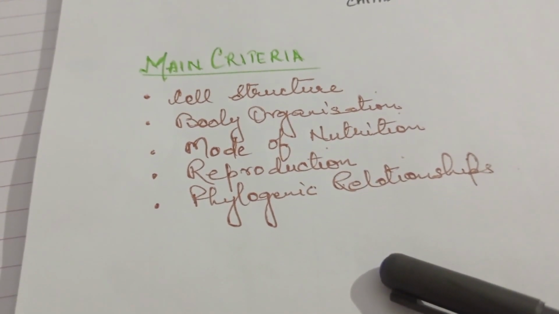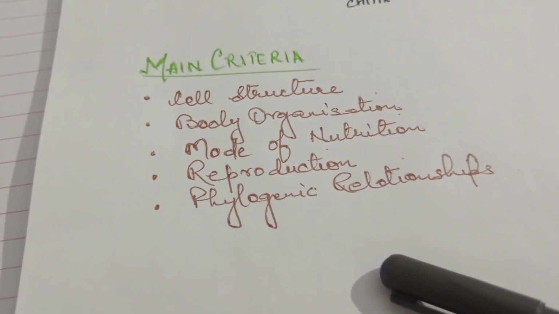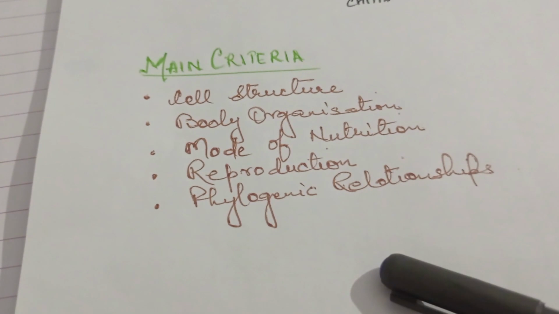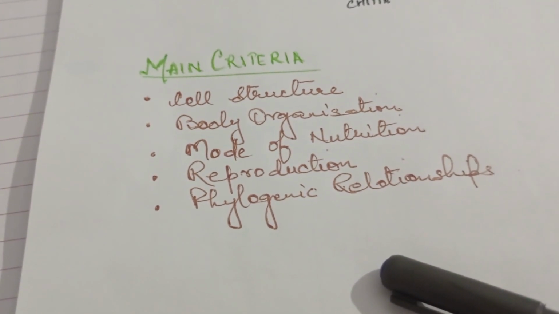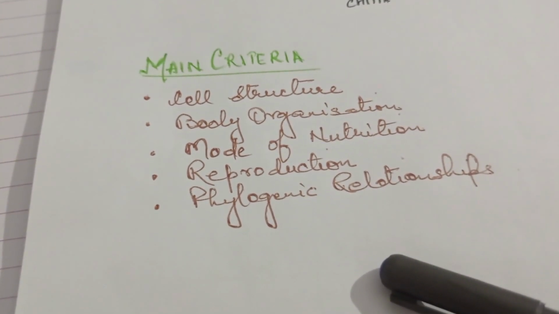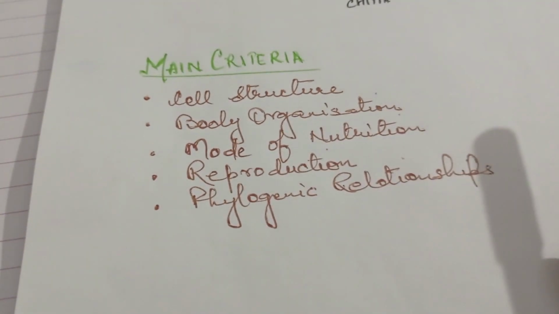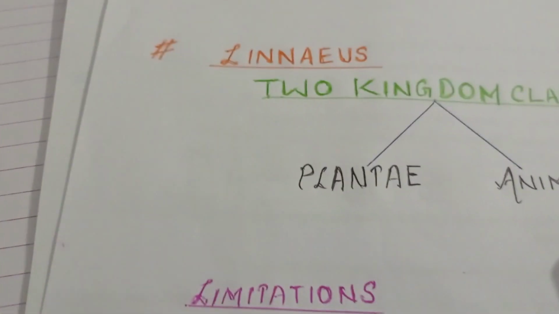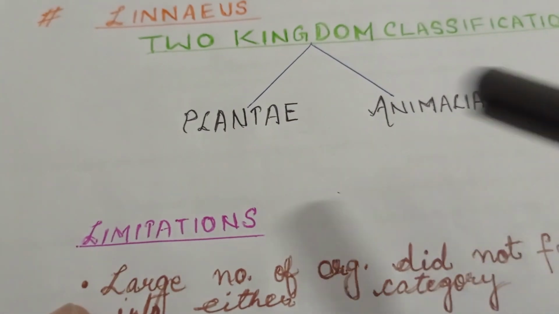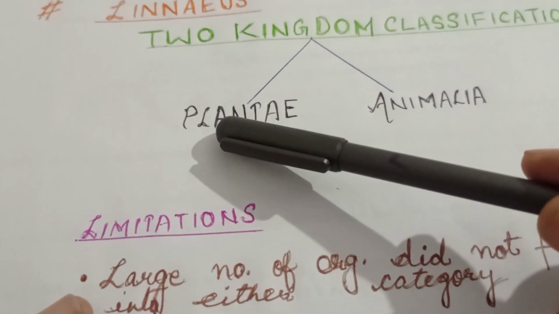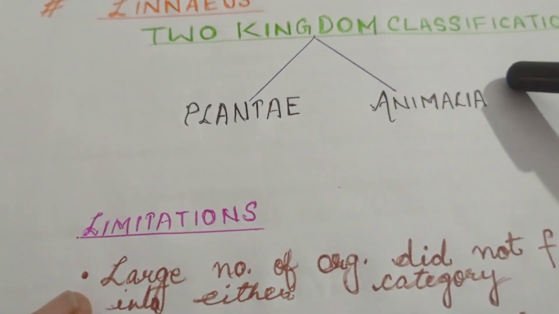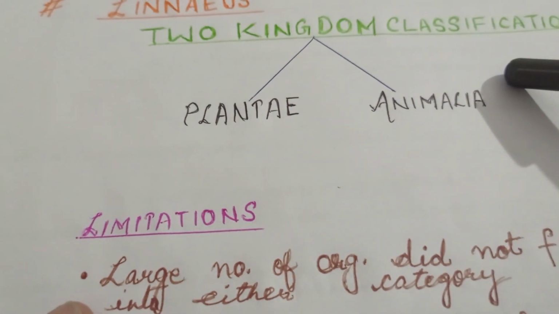All these were grouped in Plantae. Why? Because Plantae was considered the kingdom which contained all the organisms having a cell wall. As we studied earlier, Linnaeus divided the organisms into two main groups, Plantae and Animalia. Plantae included all the organisms having a cell wall, and Animalia included the organisms without a cell wall.